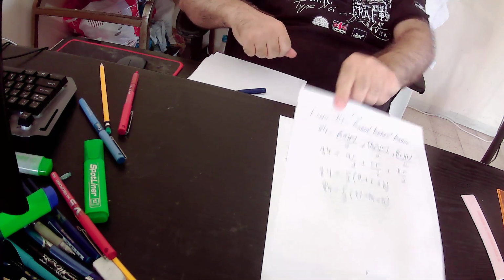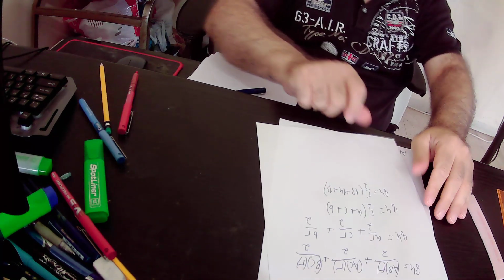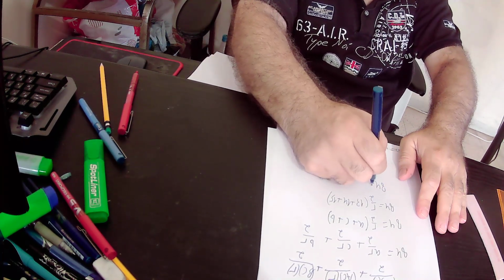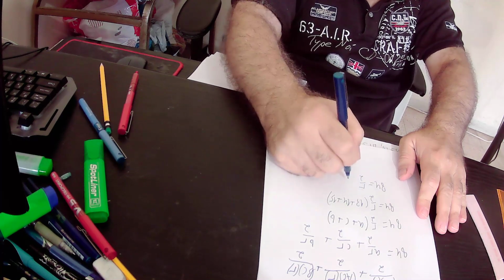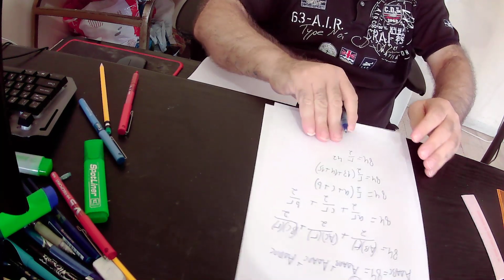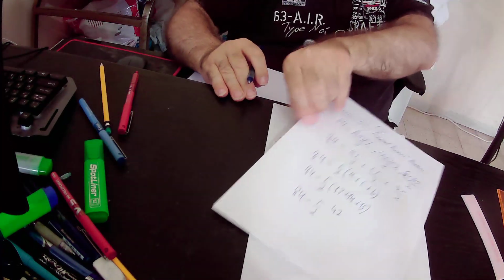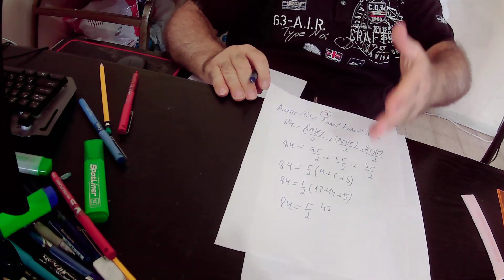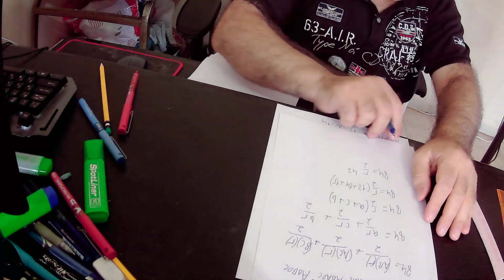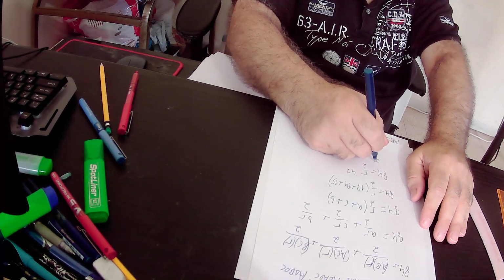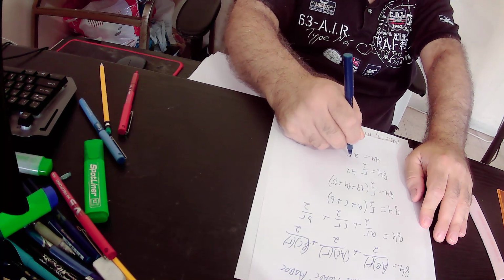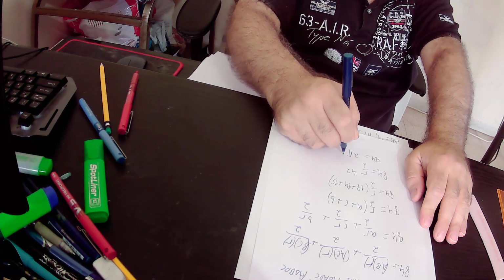So in total we got that 84 equals R over 2 times 42. Here 42 over 2 is 21. So in total we got that 84 equals 21 times the radius of the green circle.